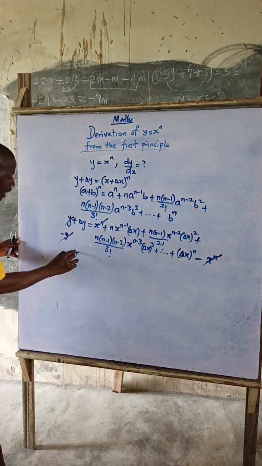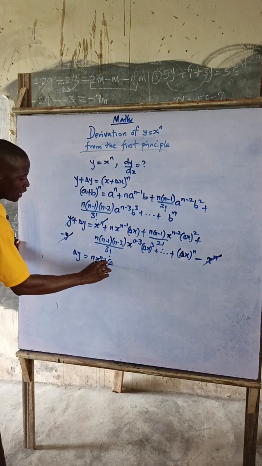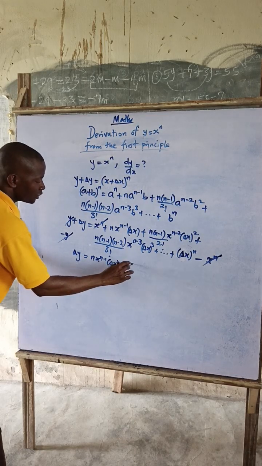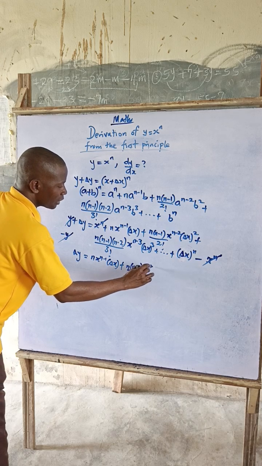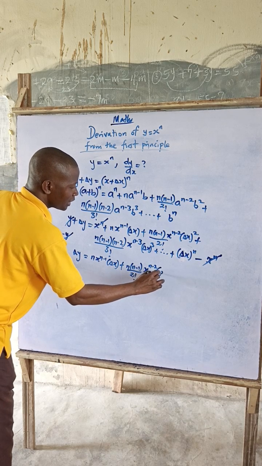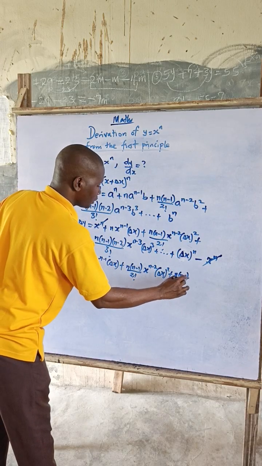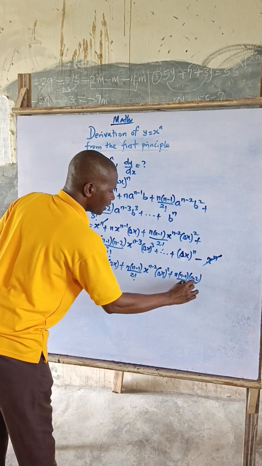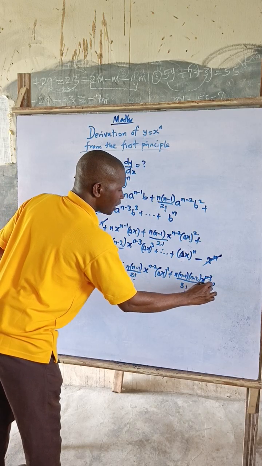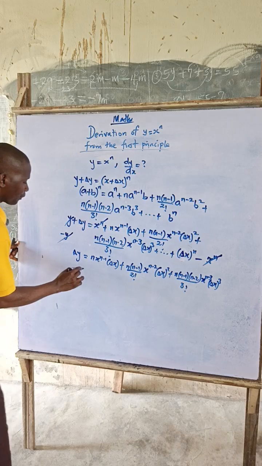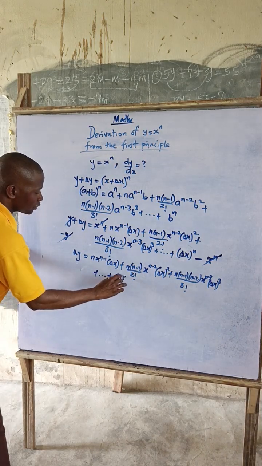So we have delta y equals n x raised to n minus 1 delta x, plus n into n minus 1 over 2 factorial x raised to n minus 2 delta x squared, plus n into n minus 1 into n minus 2 divided by 3 factorial x raised to n minus 3 delta x raised to power 3, then plus up to delta x raised to power n.